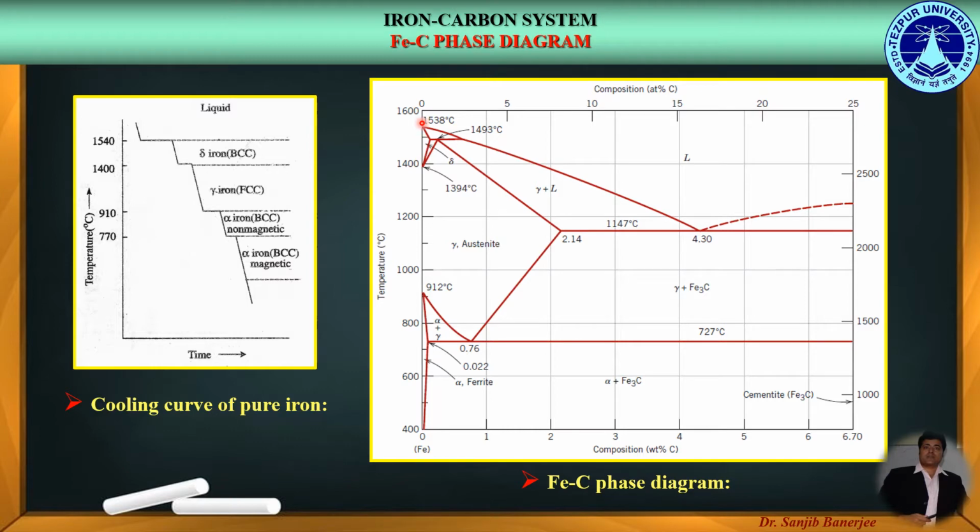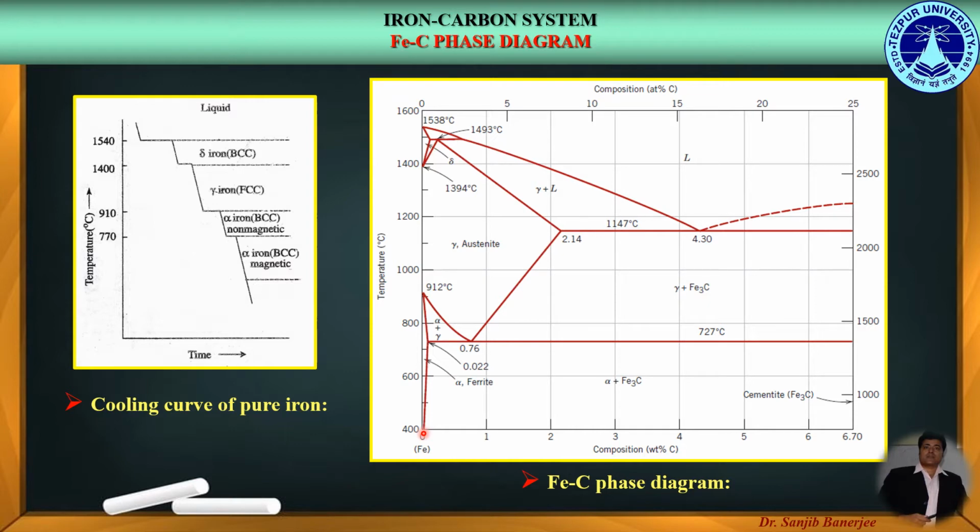Thus, as and when carbon forms an interstitial solid solution with the different forms of pure iron, we get different phases at different temperature ranges in the iron-carbon phase diagram.